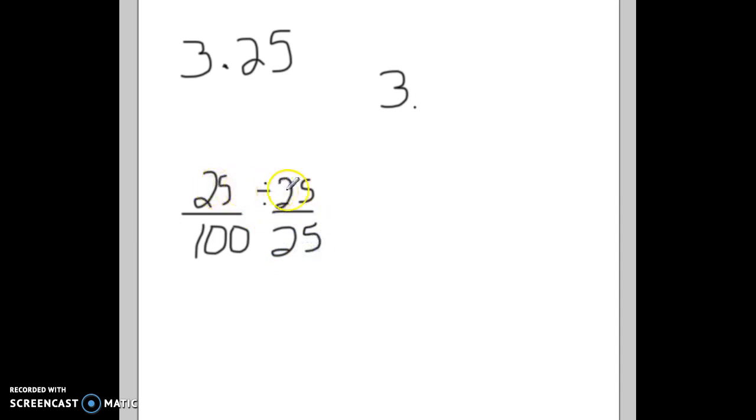So we do 25 divided by 25, that's 1, and 100 divided by 25 is 4. So it's 3 and 1/4. Okay, so that's pretty easy to do. 3 and 1/4.